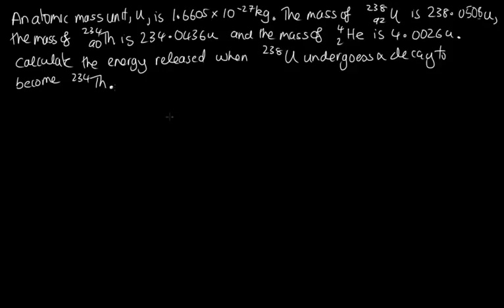So the first thing we need to do is write down the equation for what's going on. So we've got uranium-238. Because it's uranium, it has an atomic number of 92, and it's decaying into thorium-234. Thorium has an atomic number of 90, plus the helium.